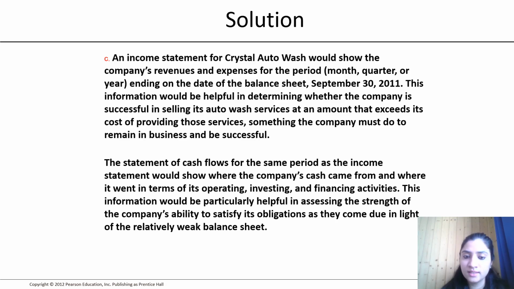On the other hand, the cash flow statement for a particular period of time will explain the inflows of cash in operating activities, in investing activities, and in financing activities of the business. So it will help us understand the ability of the company to pay its obligations, to pay its liabilities in the near future.